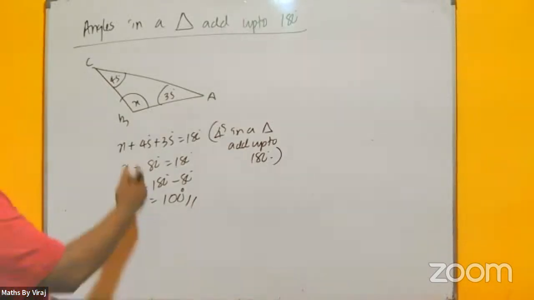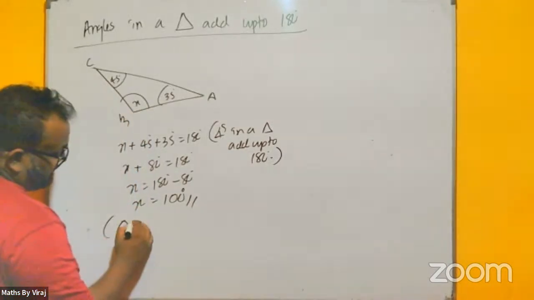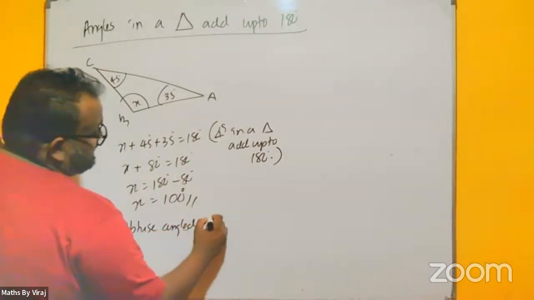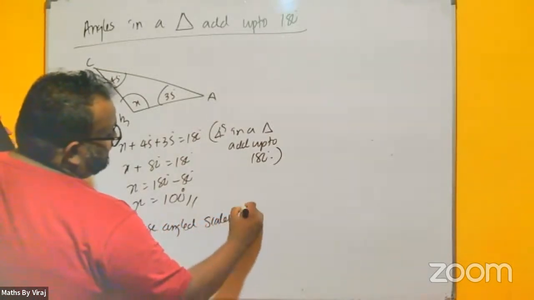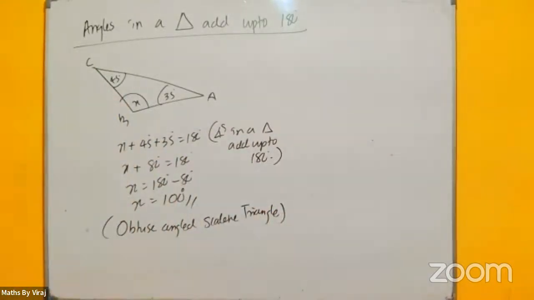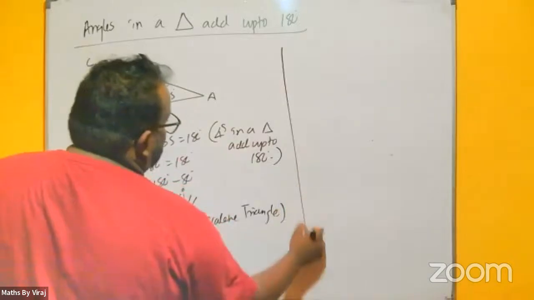So what kind of a triangle do we have, children? It is an obtuse angled scalene triangle. One angle is obtuse and no sides are equal, no angles are equal. Therefore, we can call it a scalene triangle.